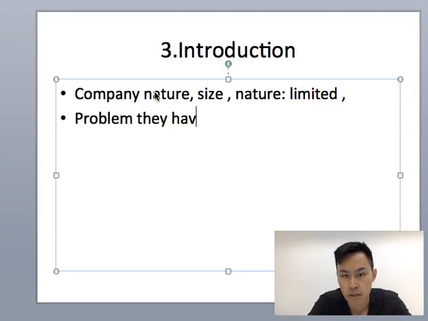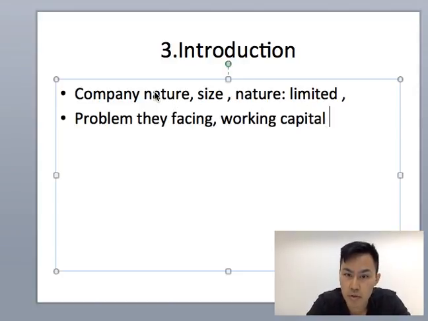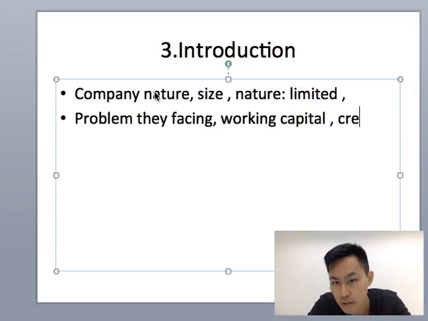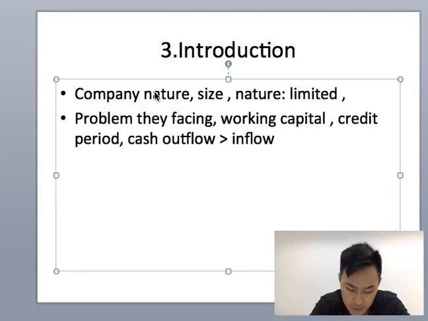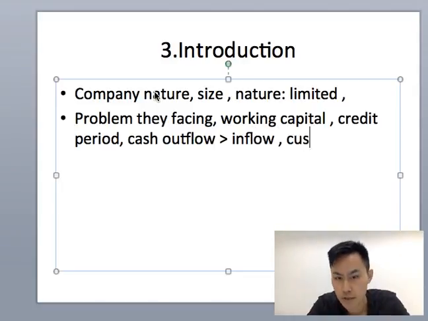In my case, you can mention the working capital. Obviously, the cash flow would have a problem. So you can mention the terminology like the credit period, the cash outflow is bigger than the inflow, right? You can say that, and you can say the customer deposits.